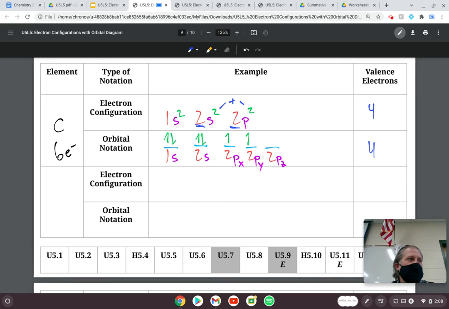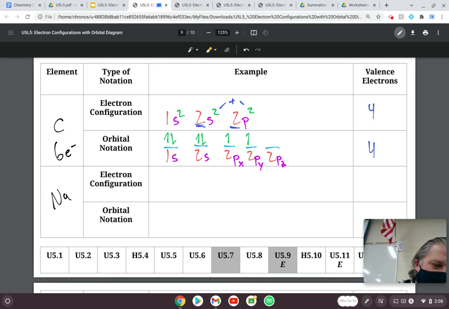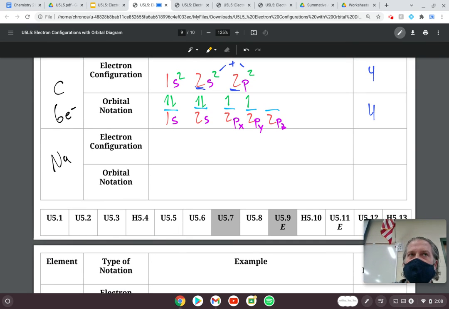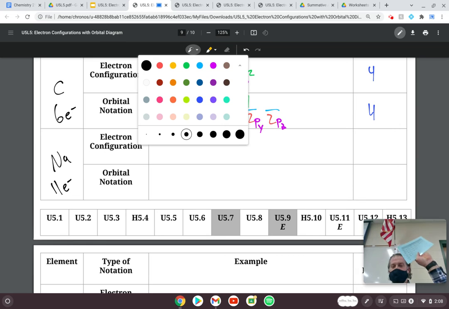Okay. So the next one that we're going to try is sodium. How many electrons does sodium have? 11. Thank you. Now, again, I'm going to go grab Sally here, and I'm going to start with 1s, right? Just like we've been doing.